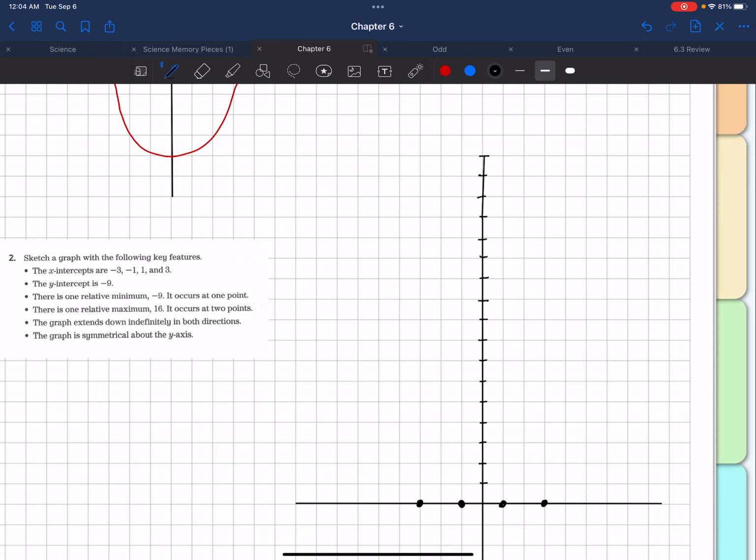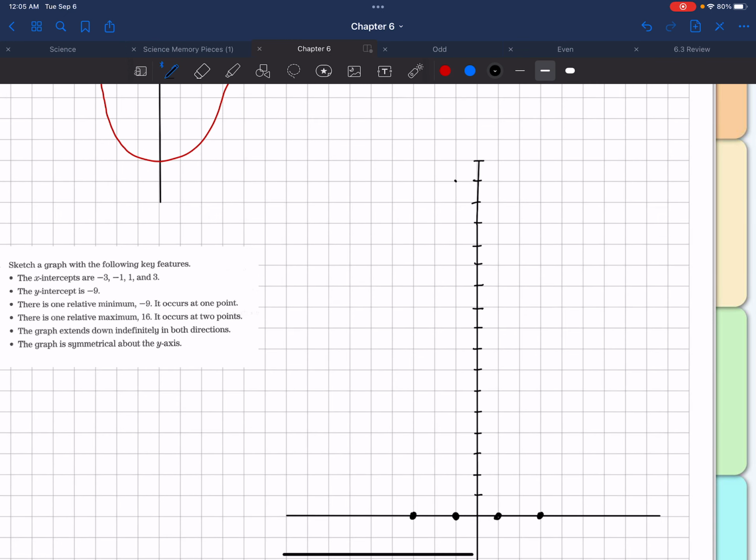The graph extends down indefinitely in both directions, and the graph is symmetrical about the y-axis. So here's what I needed to know. Sorry, it needs to go over one more. And then the same on this side because it's symmetrical around the y-axis.